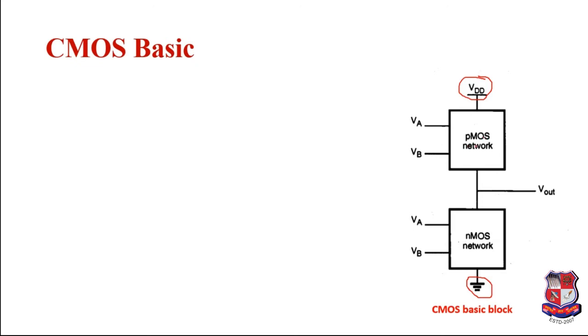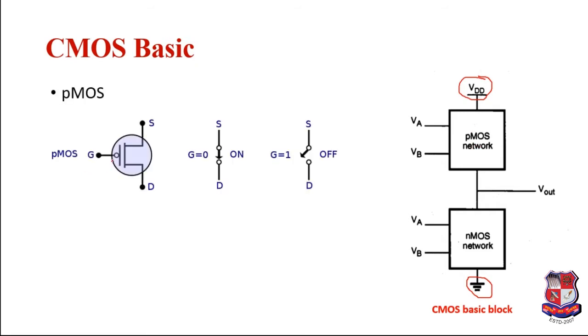So first I will explain how PMOS and NMOS transistors work. The PMOS transistor symbol is represented by a bubble at the gate, and if the input at the gate terminal is logic 0, then the PMOS transistor will be turned on, and it is represented by a short circuit between the source and drain terminals.